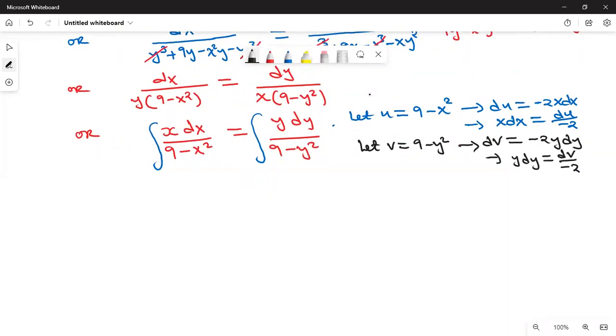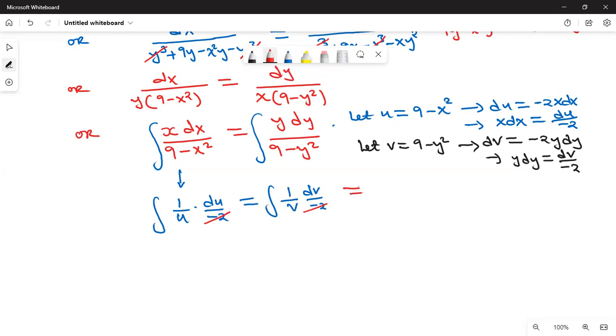We are going to get this. This integral will now give us the integral of 1 over u times du over negative 2 is equal to the integral of 1 over v times dv over negative 2. The negative 2 will cancel out.